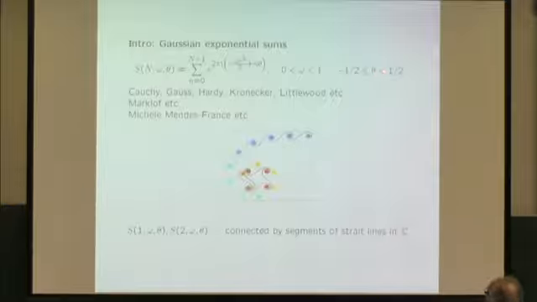Being related to analytic number theory, this object was studied by many authors. I cannot write the full list of names, it's very long, but among them are Cauchy, Gauss, Hardy, Kronecker, Littlewood, and so on, and Jens Marklof, who is also visiting this term.